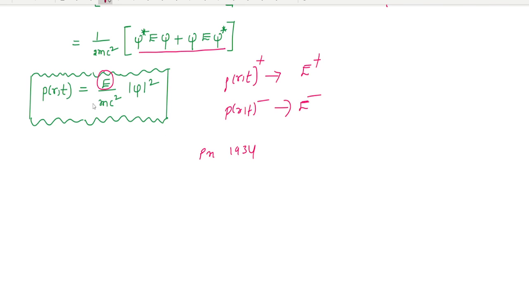It breaks the position probability density rule, right? Probability can't be both negative and positive. We can get only one value, we can't get two values. This dilemma was solved by Pauli and Weisskopf in 1934.